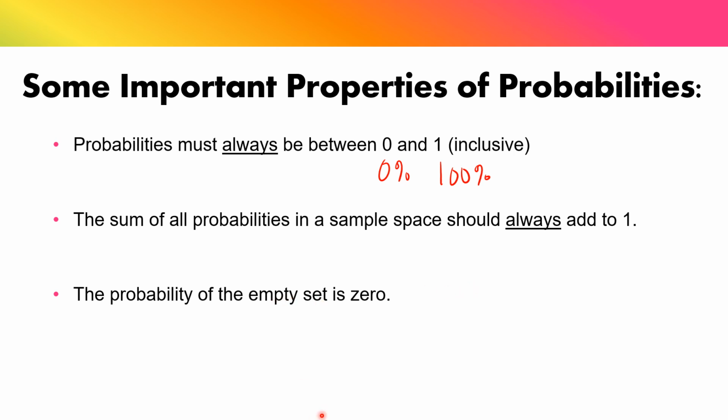Remember, the empty set is the set that contains nothing. It represents an event that cannot happen, so the probability of an impossible event is 0.